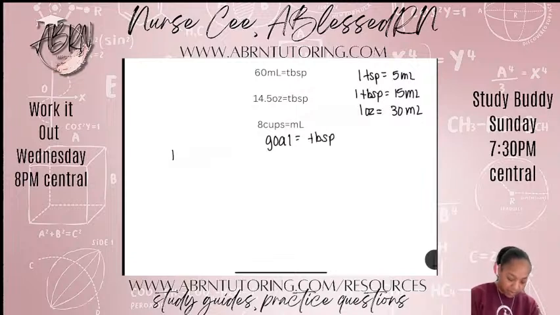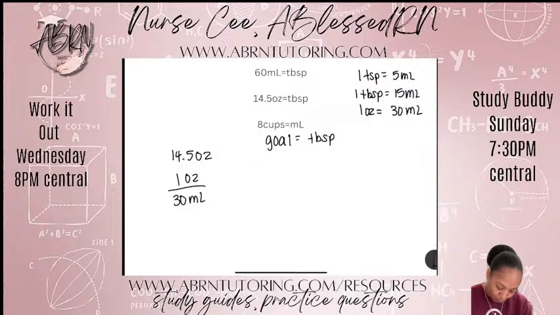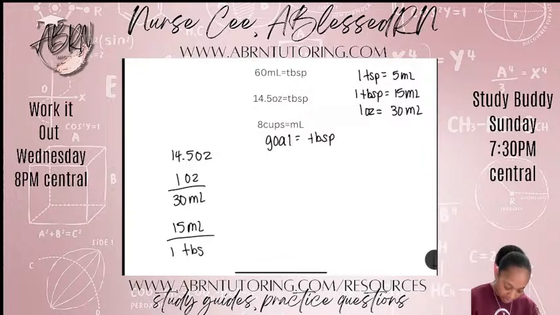We've got 14.5 ounces, and we know that 1 ounce equals 30 mLs. What else do we know? That 15 mLs equals 1 tablespoon. So you see, we got different puzzle pieces going on.